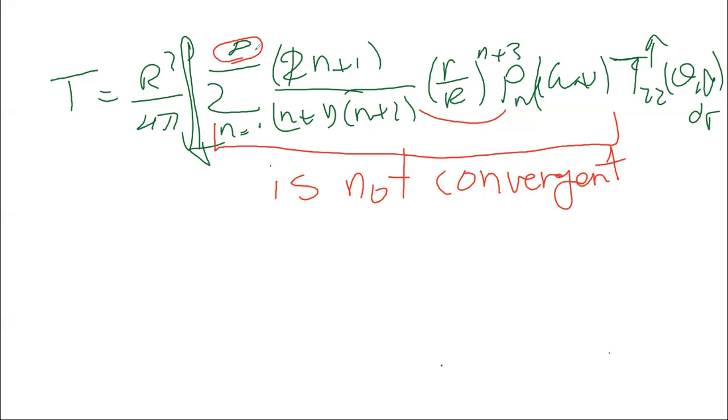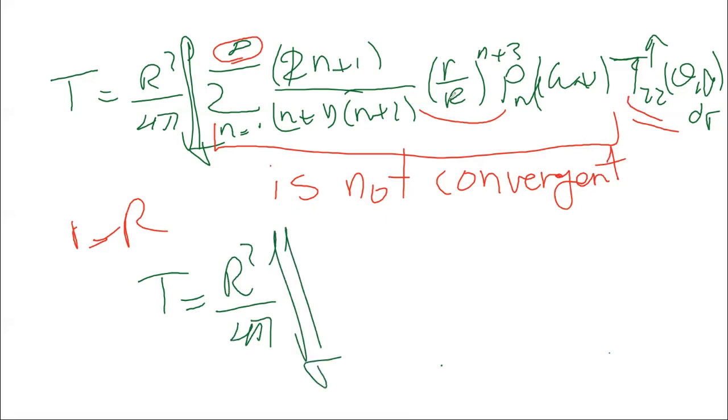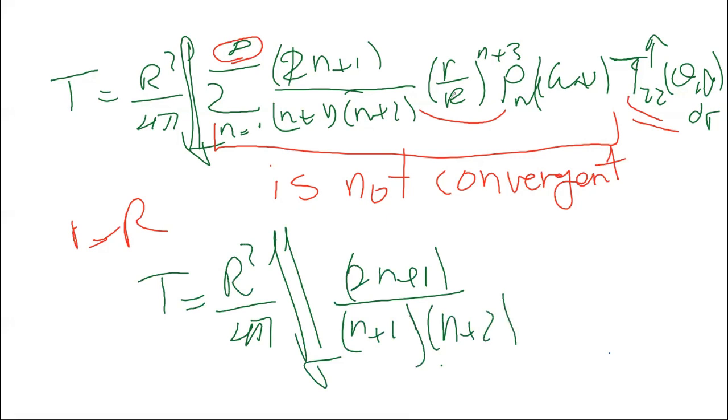But in the case that R over R is equal to 1, it means that the gradients are measured at the surface, and you want to determine only, or smooth, this function to bring it back to the potential, then simply you have this integral formula, which is 2n plus 1 over (n plus 1)(n plus 2), P_n cosine, summation over n here, this sigma, T_zz, this sigma.